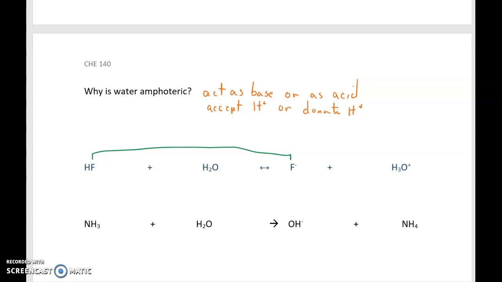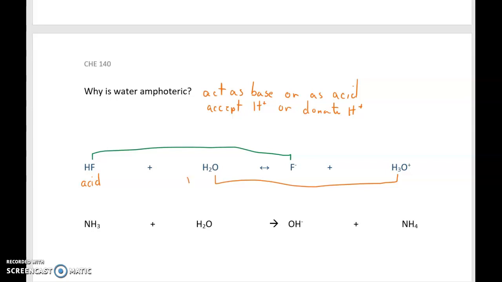And the water will be paired with the hydronium ion here. The only difference between the hydrofluoric acid and the fluoride ion is that it's minus a proton, and so this is our acid because it's donated its proton, it's lost its proton.